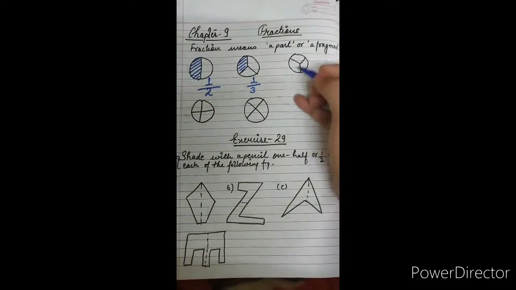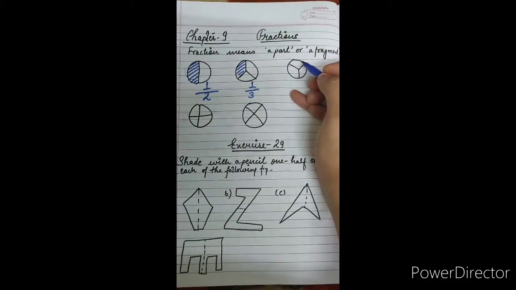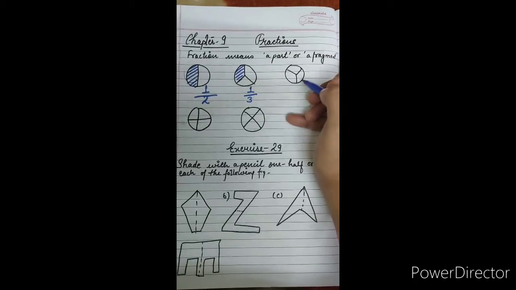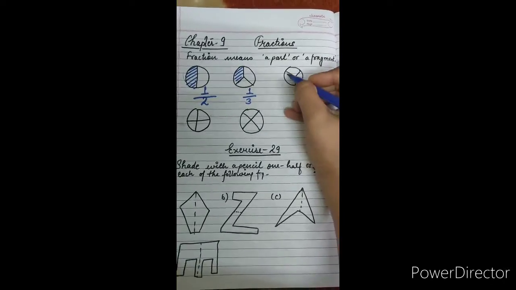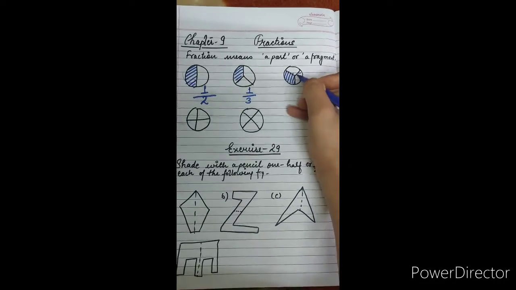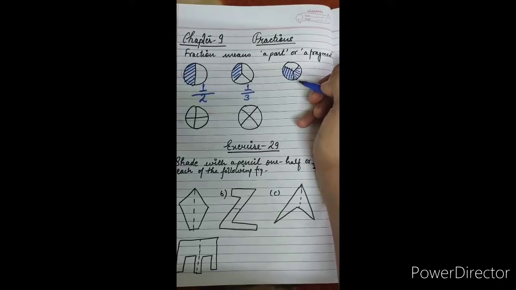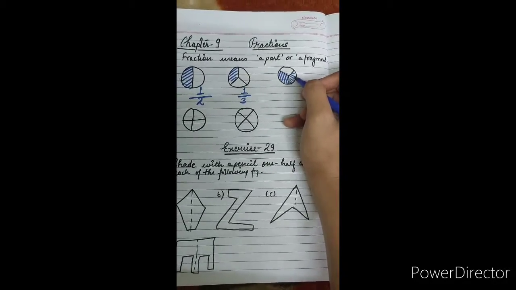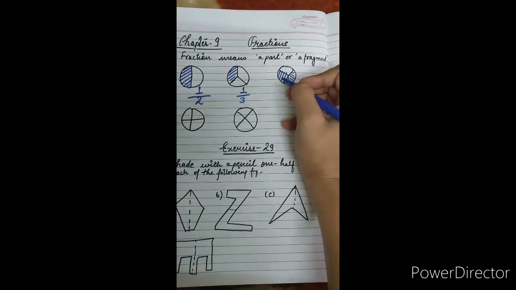And now, next example. Divided into three equal parts and let us shade two parts, suppose. So, the shaded part is 2/3 of the circle.